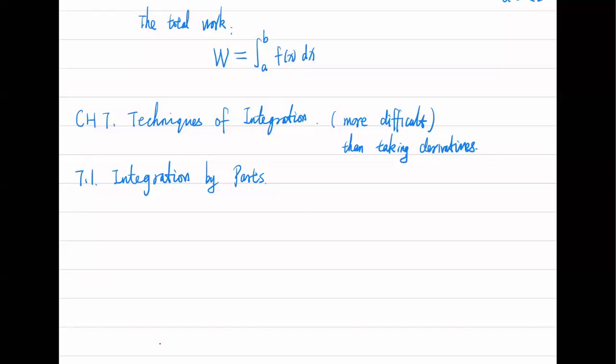So this technique for integration comes from one formula from the derivative, called the product rule. Okay, Sophia, what's the formula for this product rule?